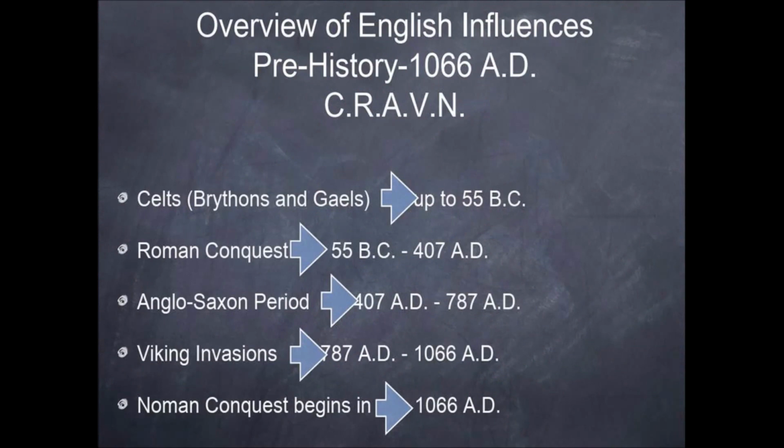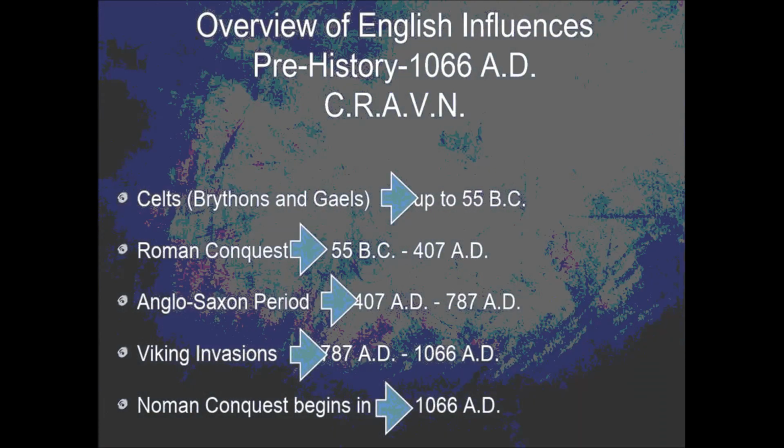Anglo-Saxon period from 407 AD to 787 or 800 AD. Then Viking invasions of the Scandinavians, that is Danes, Swedish people and others, from 787 AD to 1066 AD. And of course, the Norman Conquest of Britain began in 1066 AD.